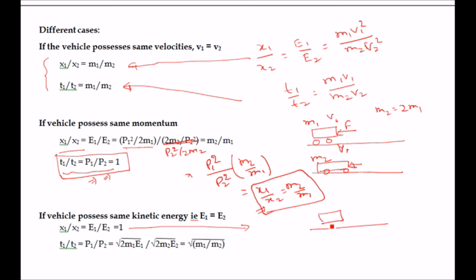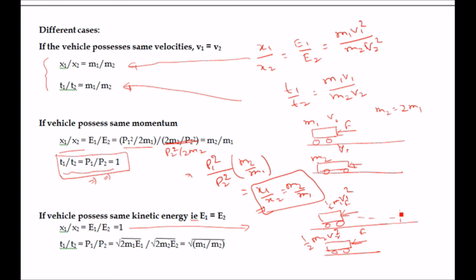If I say these are two vehicles, both having the same kinetic energy and the same force F applied, then as both have the same kinetic energy, 1 by 2 m1 v1 square and 1 by 2 m2 v2 square are the same. Although mass may be different and velocity may be different, the kinetic energy is the same in this case, and so the stopping distance will be the same.